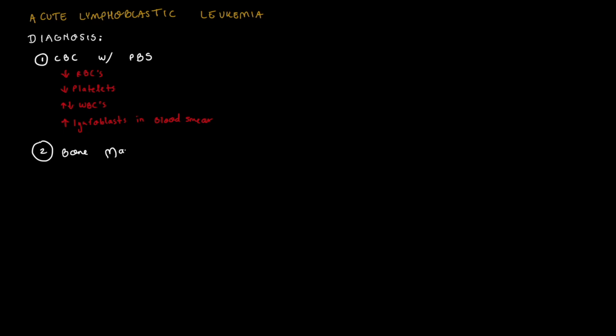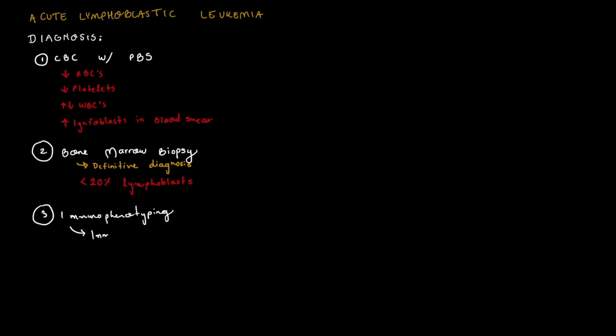On a peripheral blood smear, we're going to see an increase in lymphoblasts. Also, the definitive diagnosis is going to be made by bone marrow biopsy. This study has to show 20% or more lymphoblast cells.